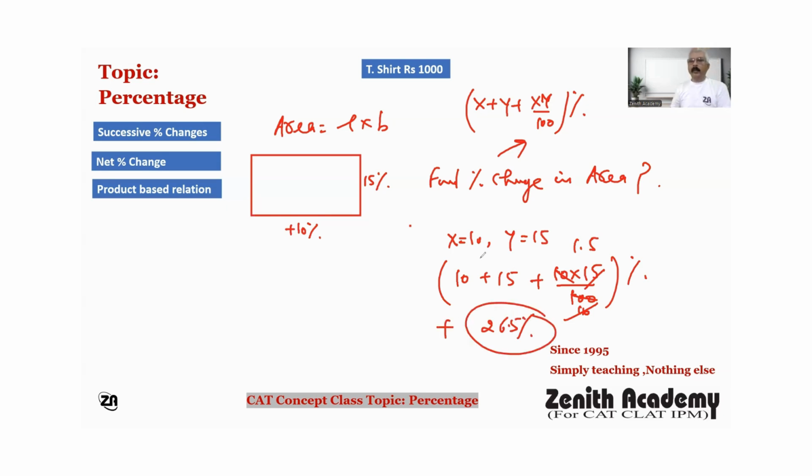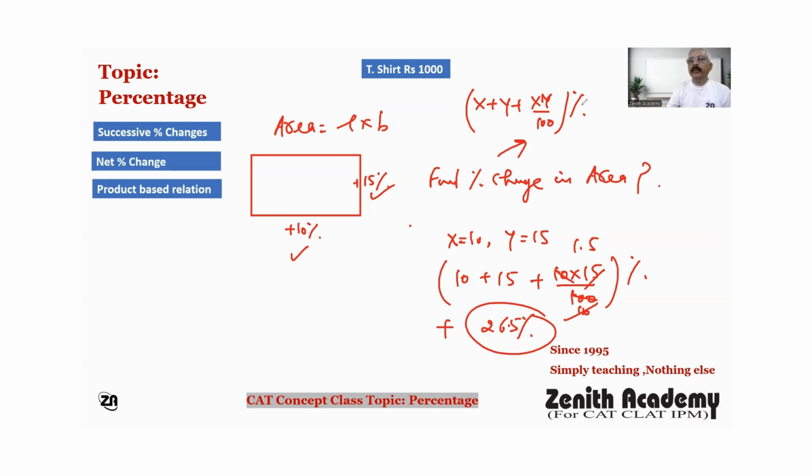So area will be 26.5% increased. Okay, if you increase the length by 10% and the breadth by 15%, the new rectangular plot area will be 26.5% more than the previous one.